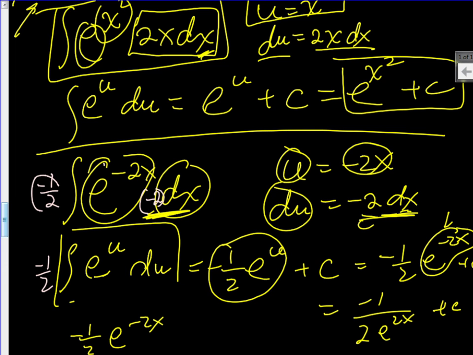You have e to the negative 2x, and that's the answer. And then we divided by negative 2.